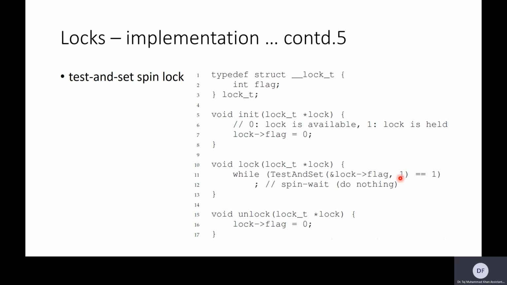Okay. So it will either be executed in entirety or it will not be executed at all. So if 2 threads call this test and set simultaneously on 2 different processors, then the value of flag is in RAM. So both of these processors will try to write this value 1 on flag.